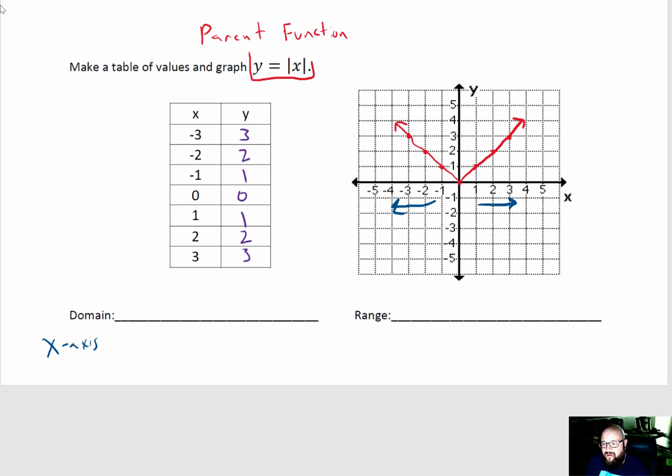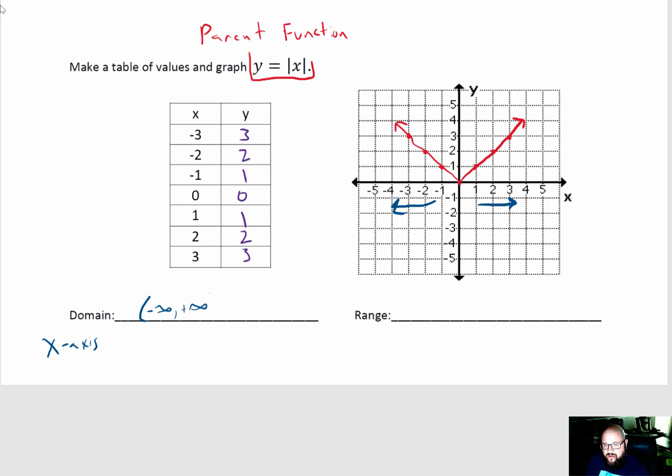It's going to continue to go on and on forever. The same thing with going in the positive direction. It's going on forever. A continuous slope of increase, which will go on to positive infinity. So if we're going from negative infinity to positive infinity, we're all real numbers. So you can simply say negative infinity to positive infinity.